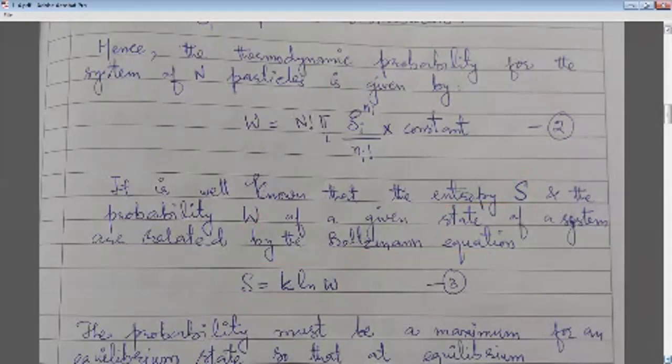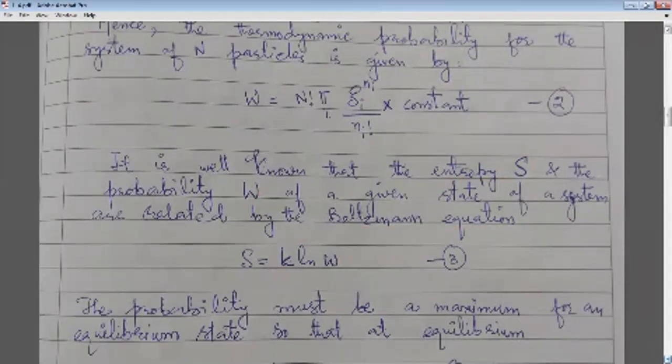So the probability must be a maximum. You have to remember, for the equilibrium state, the probability should be maximum. So if we take equilibrium conditions, then this W should be maximum.